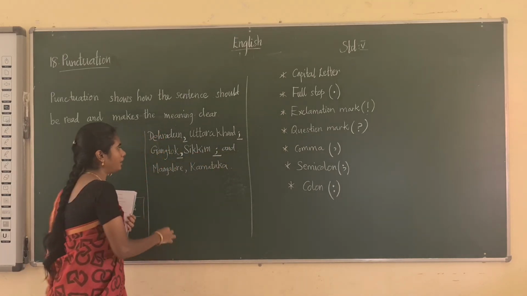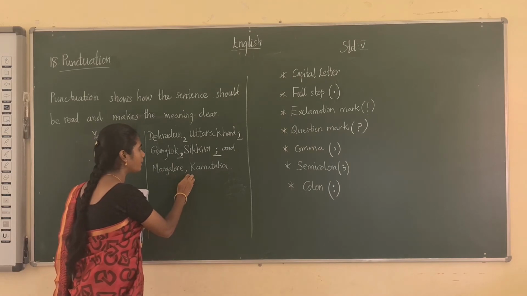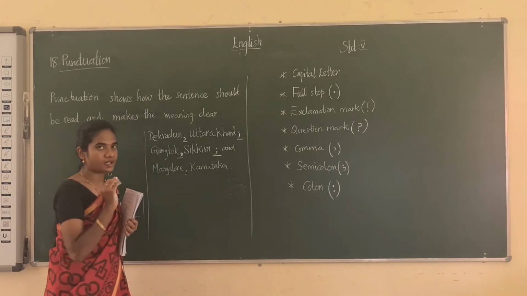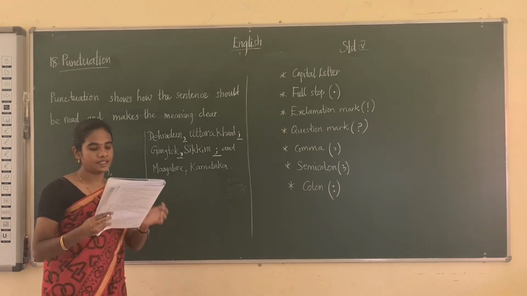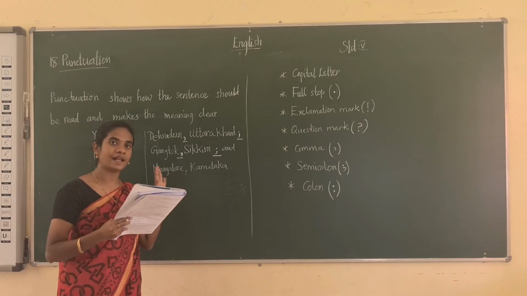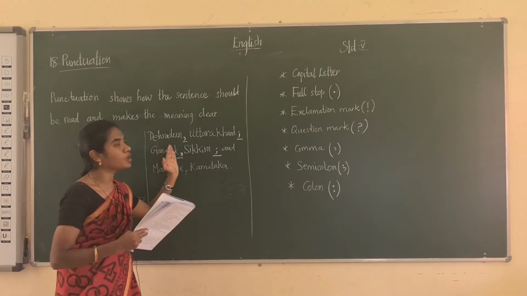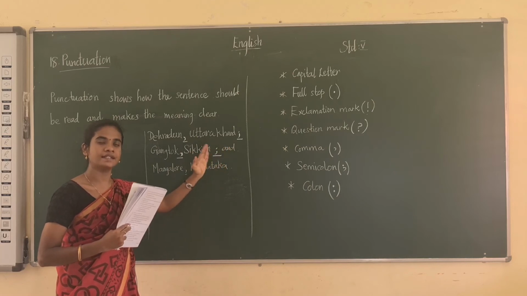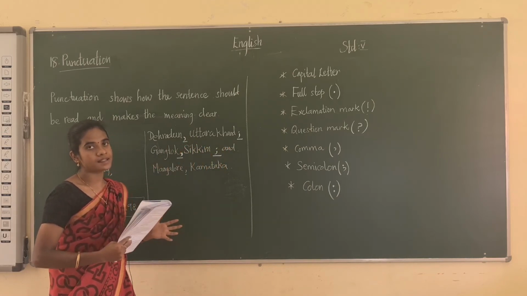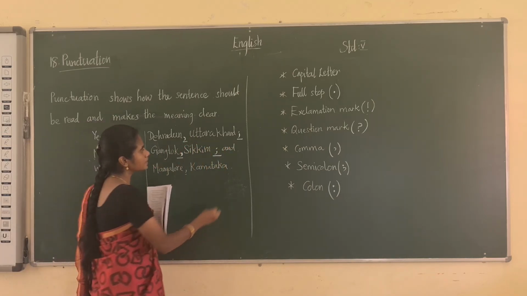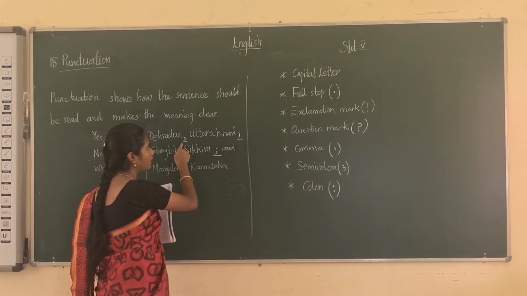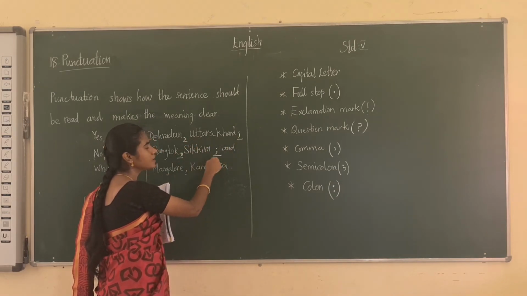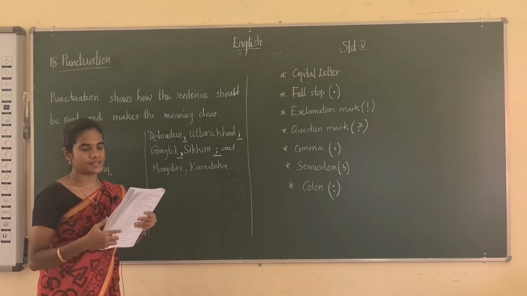And you have to put Mangalore, comma, Karnataka. Like this pattern only you have to write. So in a list, to separate the words that already have a comma. If you have several commas in a list, at that place we can use the semicolon, like one comma, one semicolon, like this we have to use. Okay.